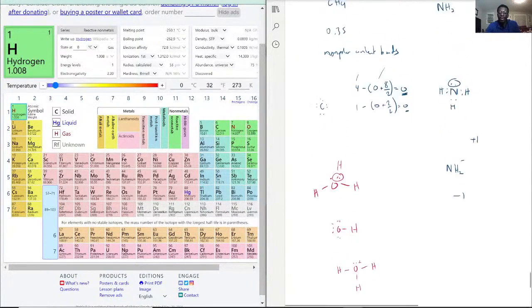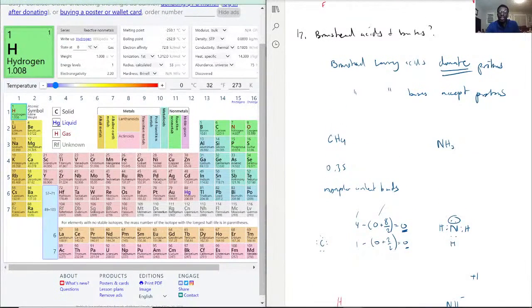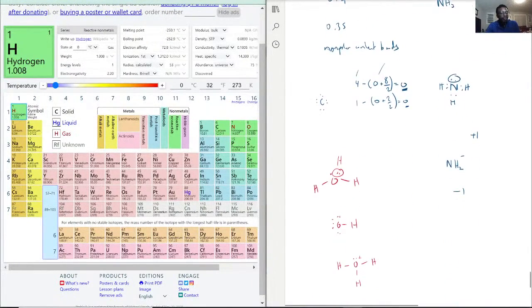So the point of all this is to make sure that when you are seeing your molecules, you're pinpointing which lone pair is okay with accepting a hydrogen. Okay, because you won't see this.